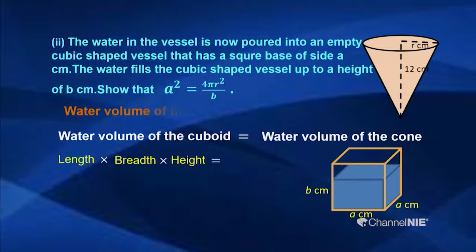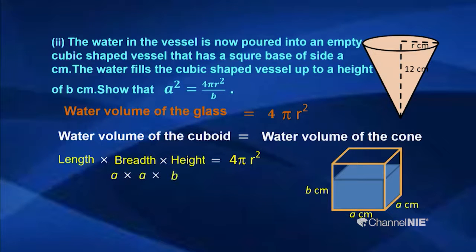We already found the water volume of the glass in question number 1 as 4 pi r squared. So, for the cuboid, length into breadth into height equals 4 pi r squared, right. Why? Both volumes are the same.